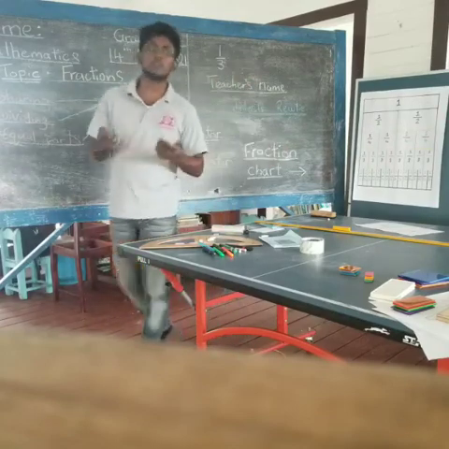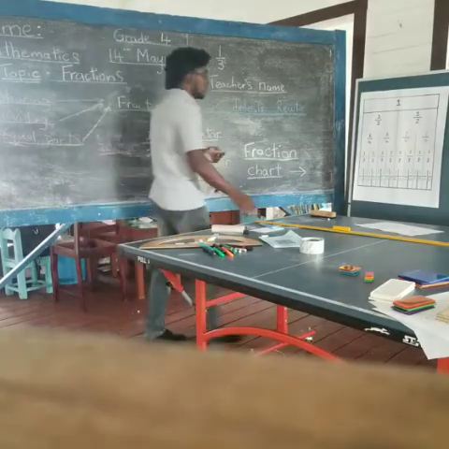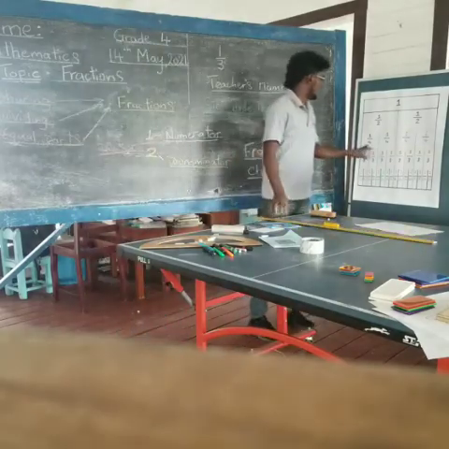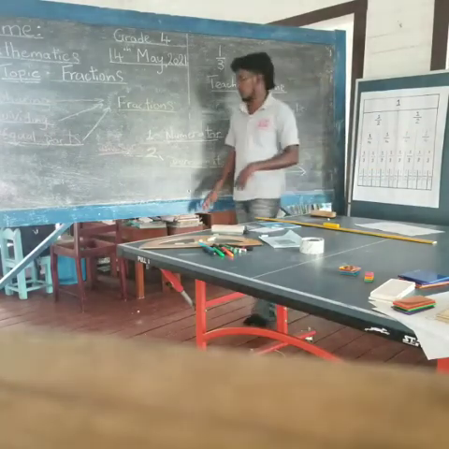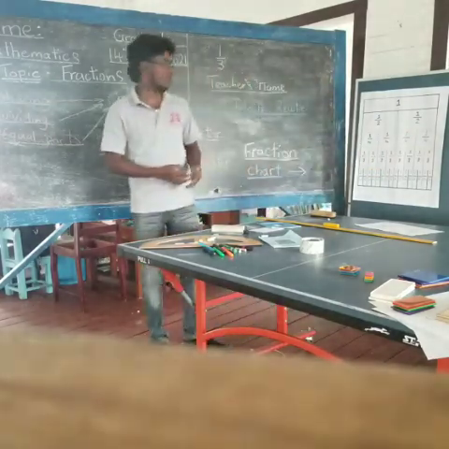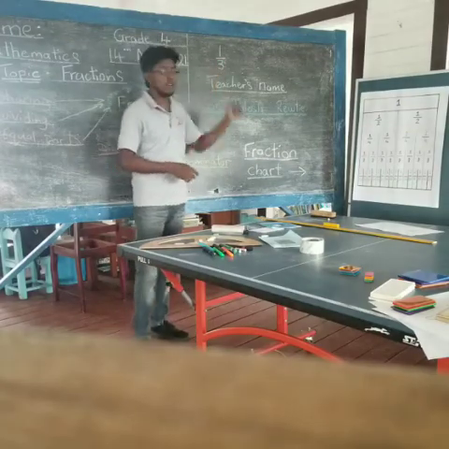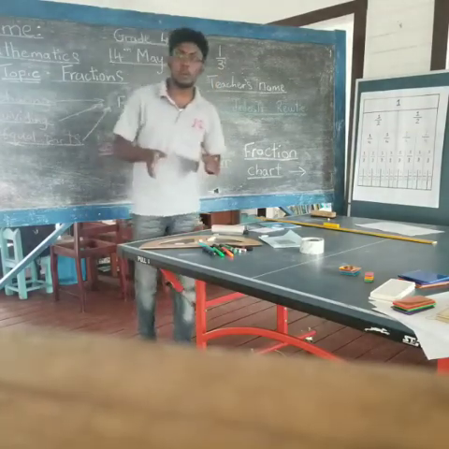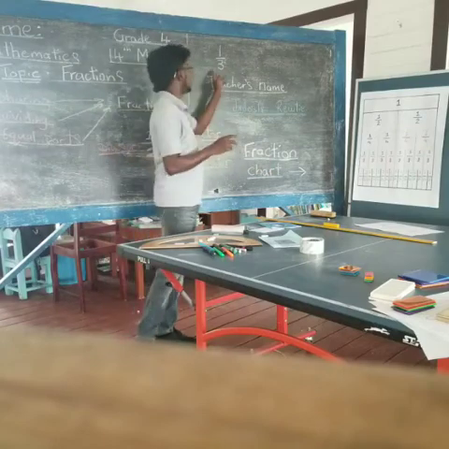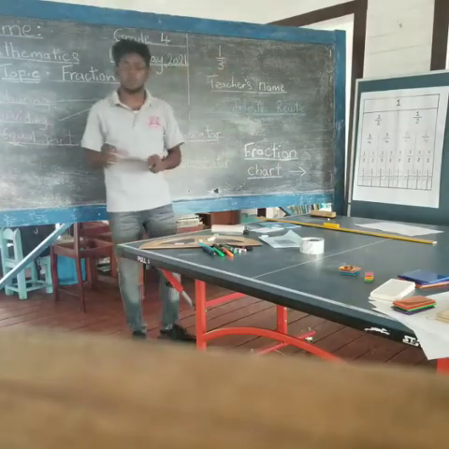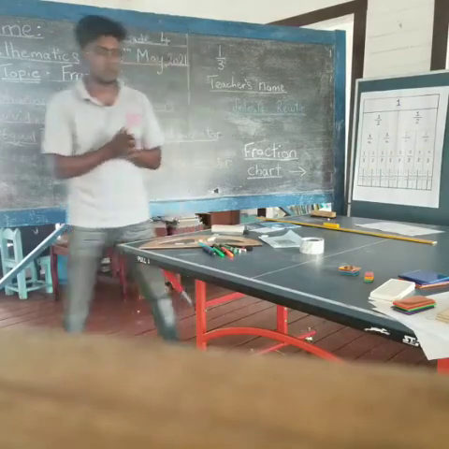Okay, very good. They're saying that because the denominator, the number at the bottom, is 3, and I said 1/3, they divided the entire shape into 3 equal parts, and the one represents the number on the top. Okay, very good.